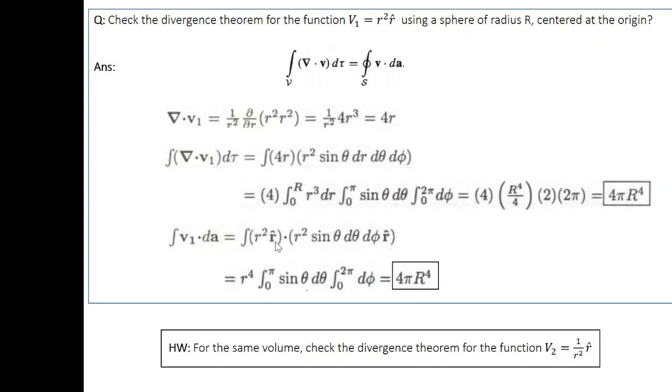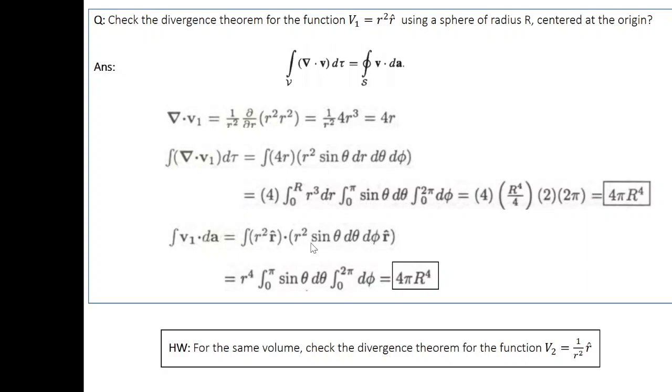So your area element is determined by dl_theta and dl_phi. Correspondingly, dA equals r squared sine theta d theta d phi, and the direction is along the r direction. So take the dot product, r cap dot r cap. These two are unit vectors, so you get 1. So you have R to the power 4 sine theta d theta d phi.